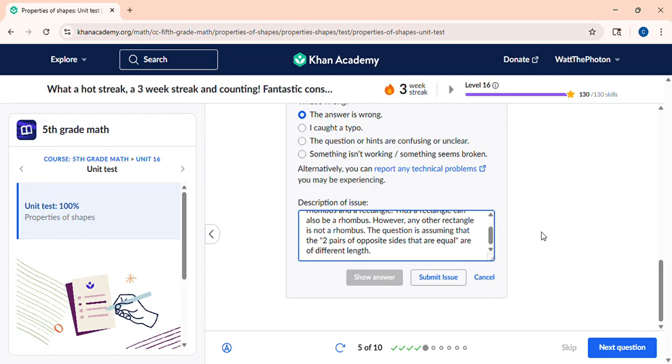The question is assuming that the two pairs of opposite side lengths that are equal are of different length. I inferred that.